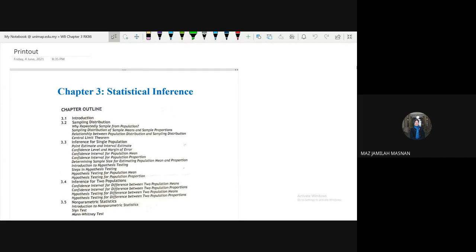Under discrete probability distribution, we have seen how an experiment is called a binomial experiment and how an experiment can be called a Poisson probability distribution. And the last but not least is the continuous probability distribution, specifically the normal probability distribution.